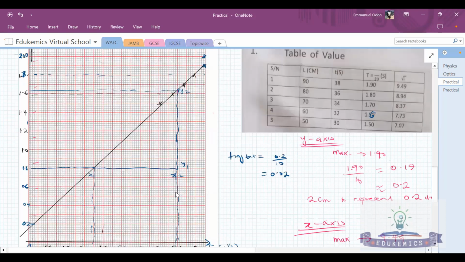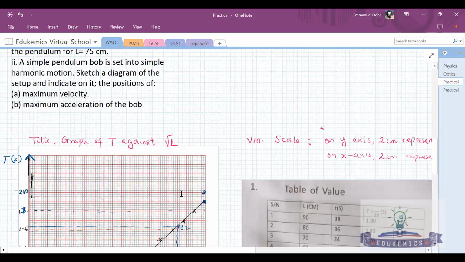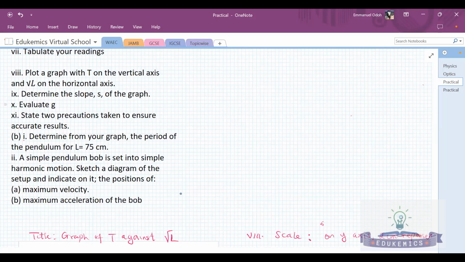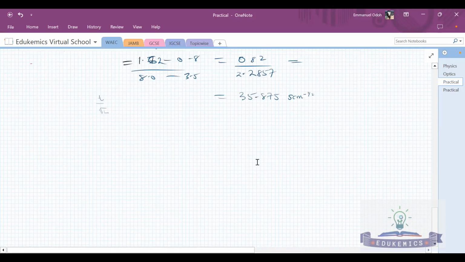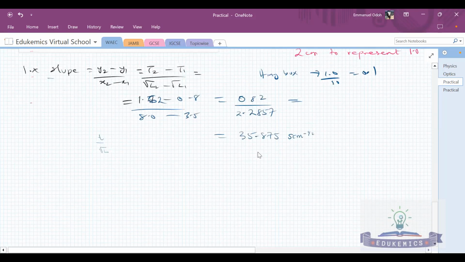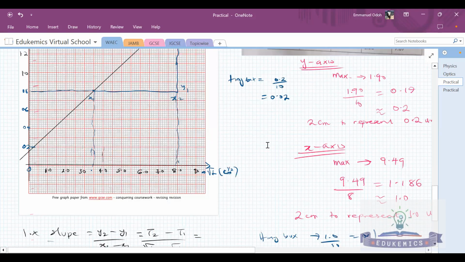So let's move to the next thing. The next question is saying, evaluate the value of G. We're given the formula to evaluate the value of G. That's 4 pi square over x square. It's from the question. But if it's not given, we transform the equation.